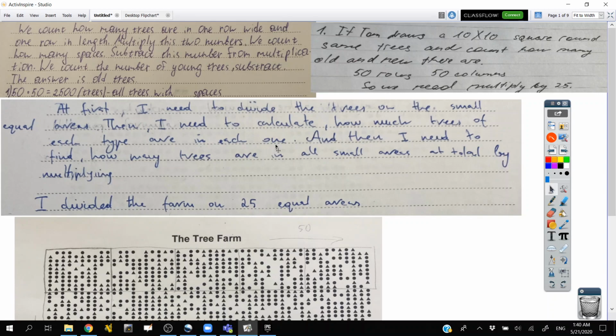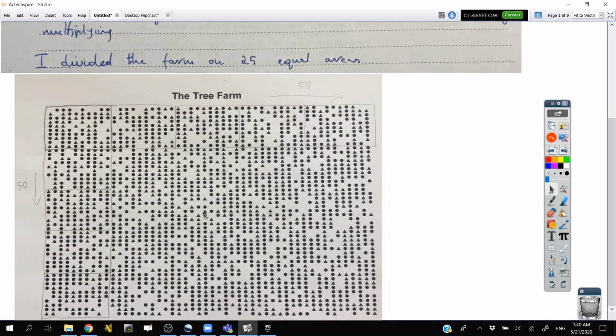Interesting, I didn't realize it feels like it gets off when they say how many trees are in each area. Well, you don't need to count each area or you're counting all of them. But they get at the idea down here that you really just need to multiply and get one area or maybe a couple areas to make sure that it is representative. She divided into 5 total equal areas, which is just like this person did and just like the person in the upper right. So you guys have the idea.